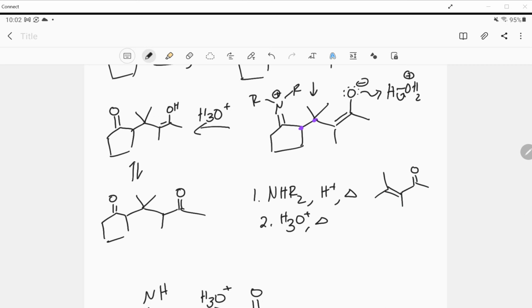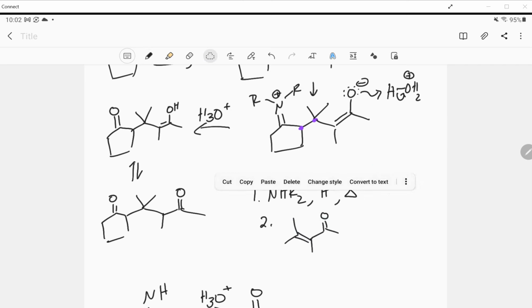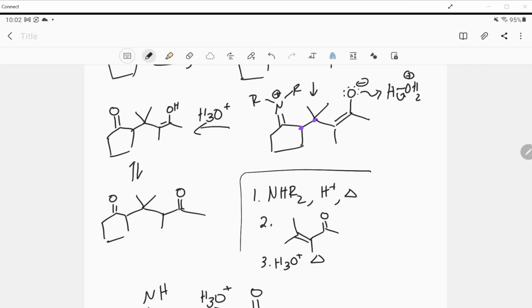I guess so, that'll be step 2. Step 2 will be this thing. And then step 3 would be the acid and heat. Yeah, good call. So the reagents necessary for this transformation from the cyclopentanone were the following.